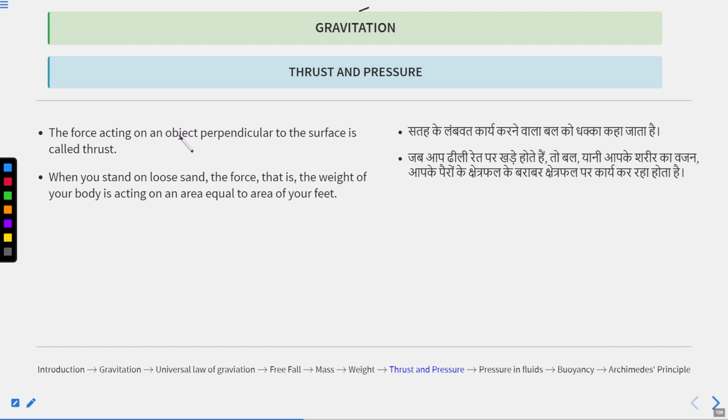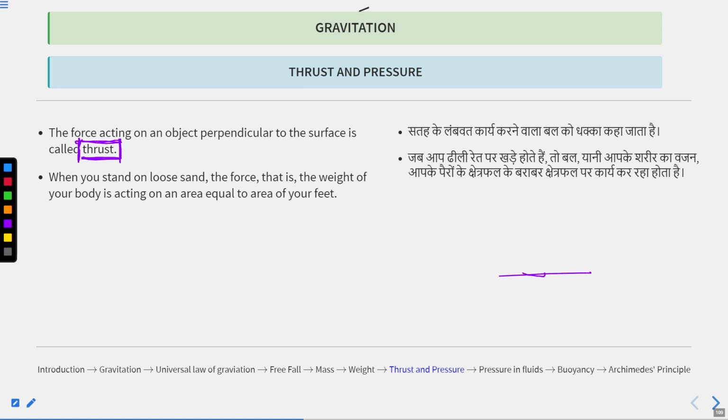So the force acting on an object perpendicular to the surface is called thrust. Any force which acts perpendicular to the surface is known as thrust. When you stand on the loose sand, the force, that is the weight of your body, is acting on an area equal to the area of your feet.